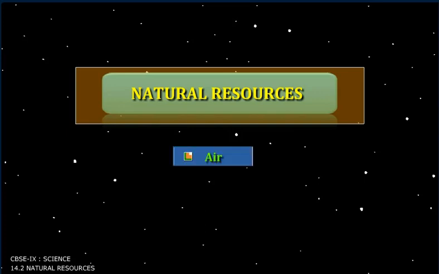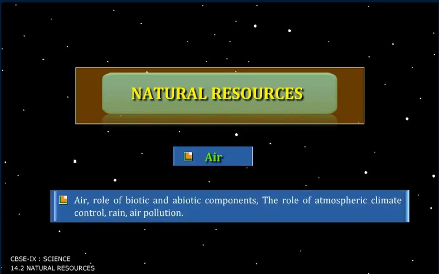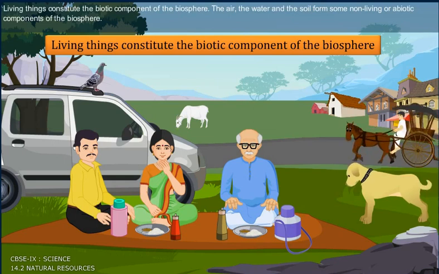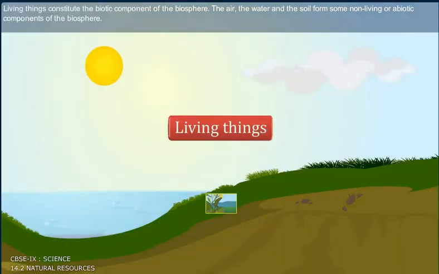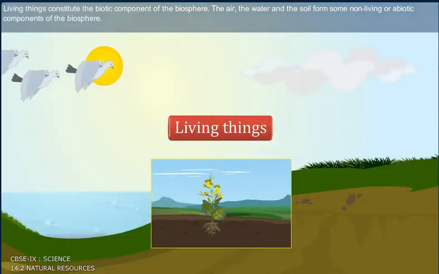Resources. Air: role of biotic and abiotic components, the role of the atmosphere in climate control, rain, air pollution. Living things constitute the biotic component of the biosphere.